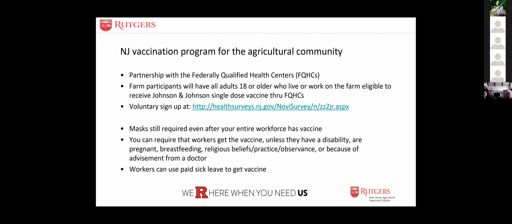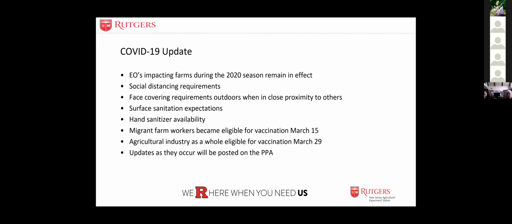You can require that your workers get the vaccine before returning to work, but you cannot require it for people that have a disability, are pregnant, breastfeeding, have religious beliefs that would impact their ability to get the vaccine, or have been advised by their doctor not to get the vaccine. And workers can use paid sick leave to get the vaccine.